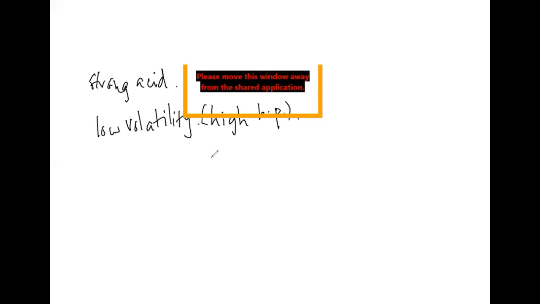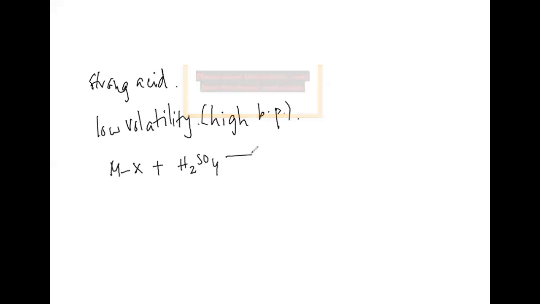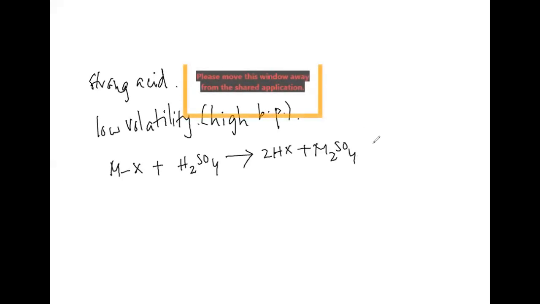Now, because of this low volatility, by using this we can prepare more volatile acids. That is, MX, where M is metal, reacts with H2SO4 to give HX plus M2SO4.